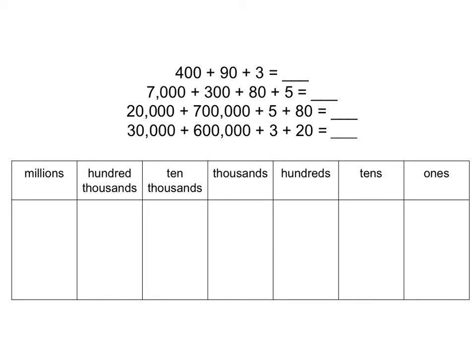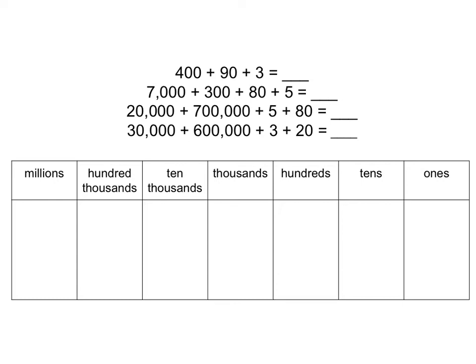They didn't tell us anything else, so we know we're going to fill in those other slots with zeros. And our number is 720,085. So they've written these in expanded form, just not in quite the same order that we're used to seeing them in.